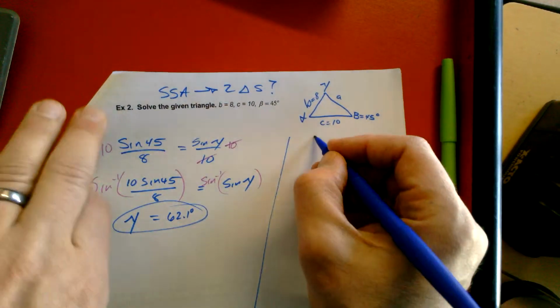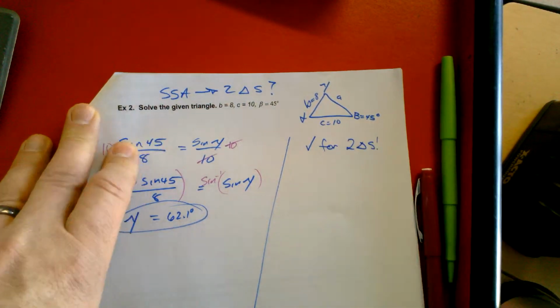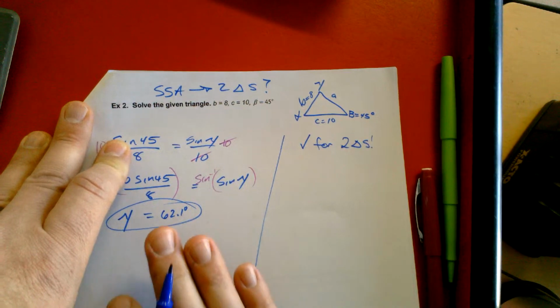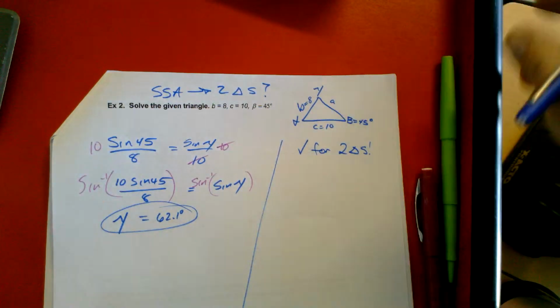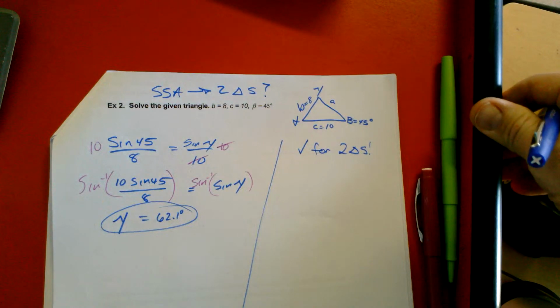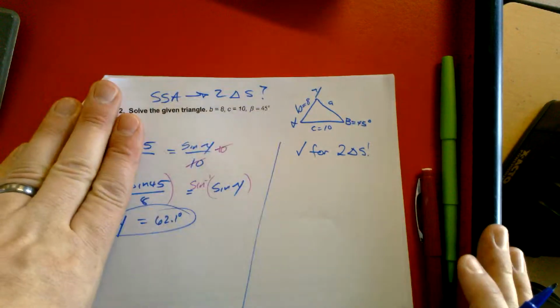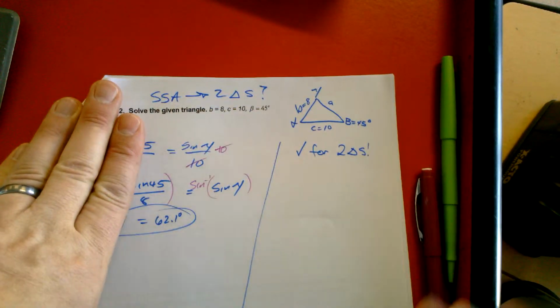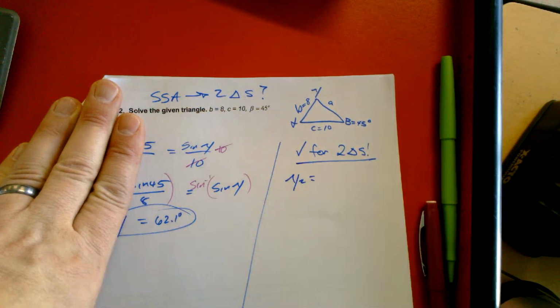Well, now I've got to check for two triangles. I've got to see if there's another angle that will create another triangle with this information. So can I extend out one of these sides and make it bigger? Okay, so how do I do that? Well, let's see if gamma 2 works.